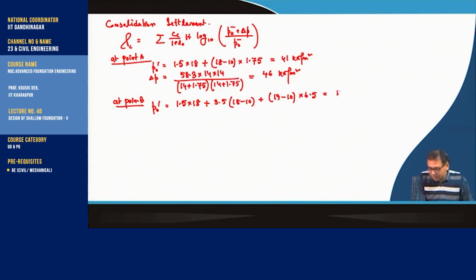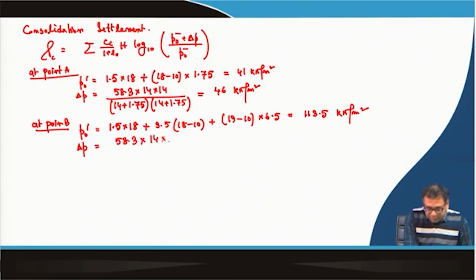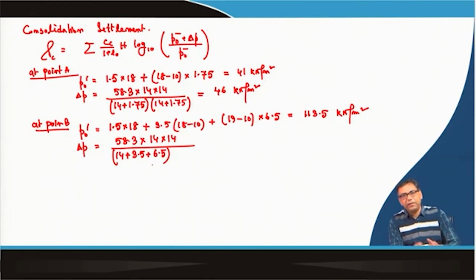So, this is 113.5 kilonewton per meter square, and del P is equal to 58.3 into 14 divided by 14 plus 3.5 plus 6.5, because this 3.5 plus 6.5 is the distance of point B from the base of the foundation.